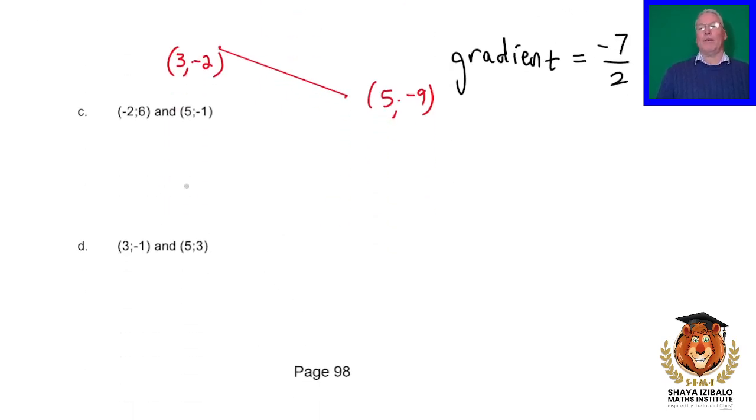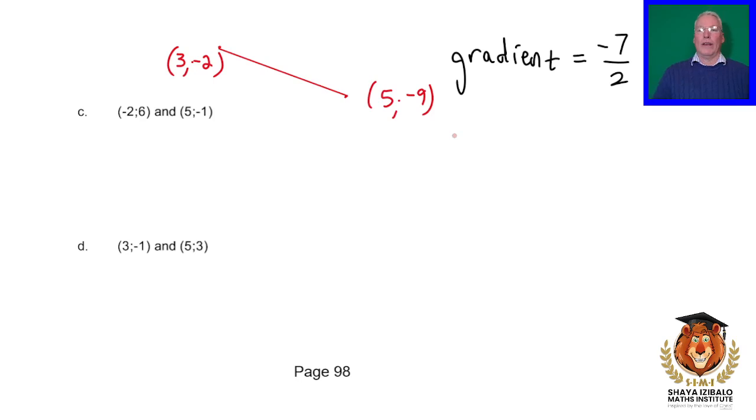Let's do another one: -2, 6. In fact, why don't you pause the video briefly and try, and then we'll see how you went. So -2, 6 is over here, and 5, -1 is somewhere down here.